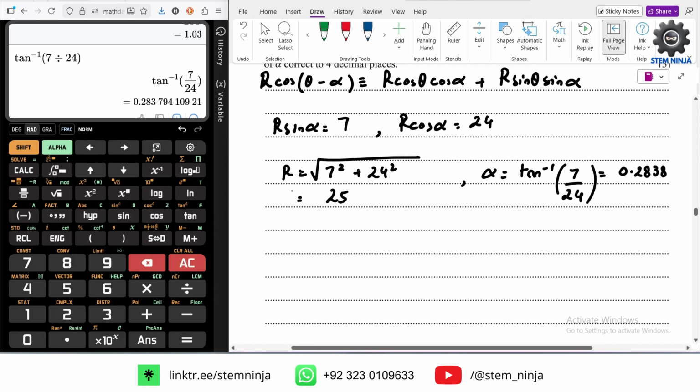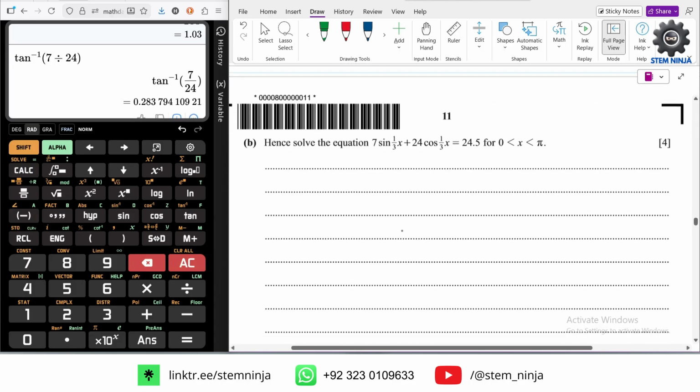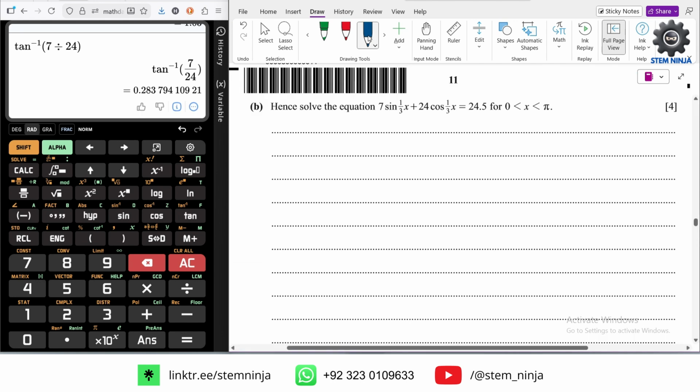Right. So therefore this could be represented as 25 cos(theta minus 0.2838) radians. Now hence solve the equation 7 sine 1/3 x plus 24 cos 1/3 x equals 24.5.